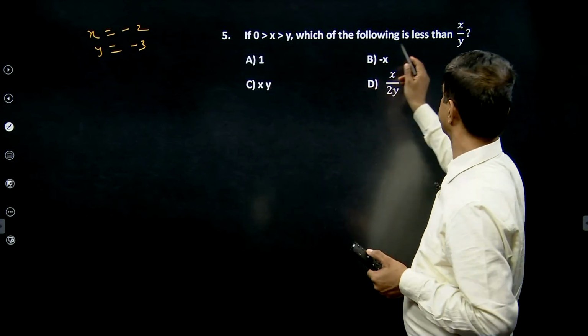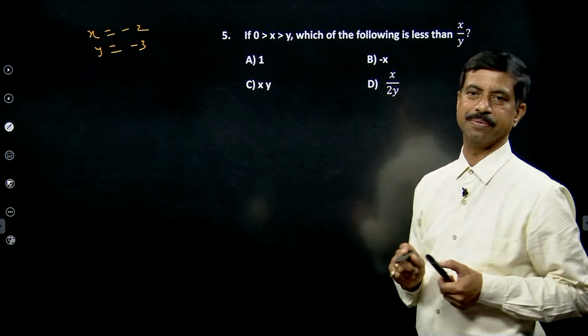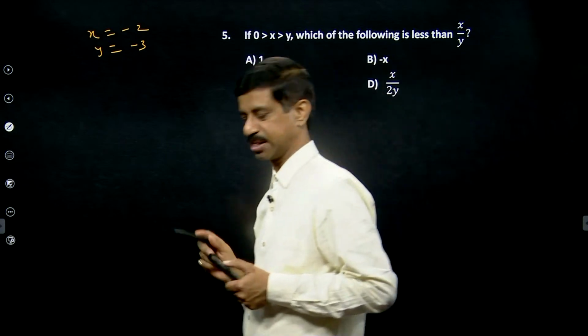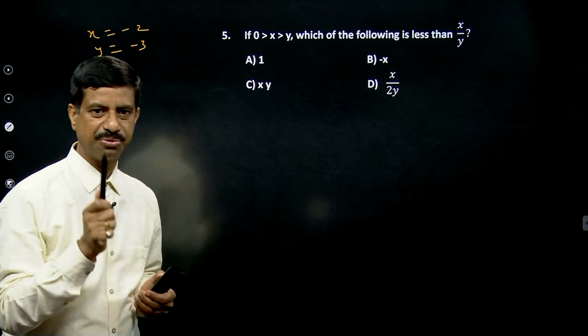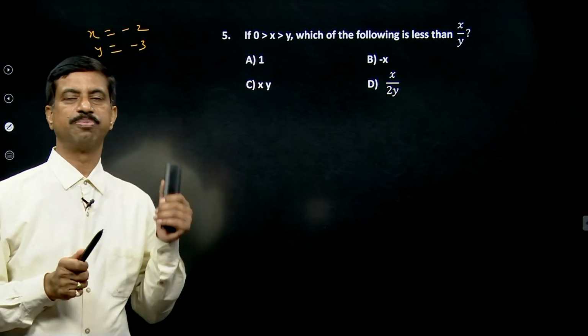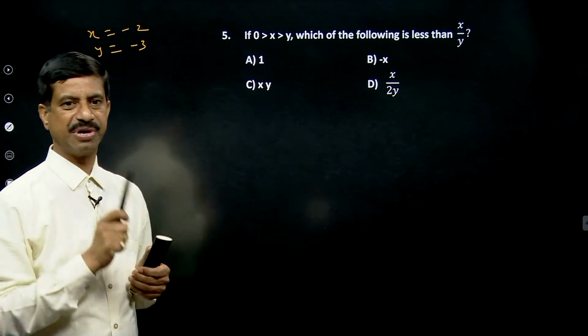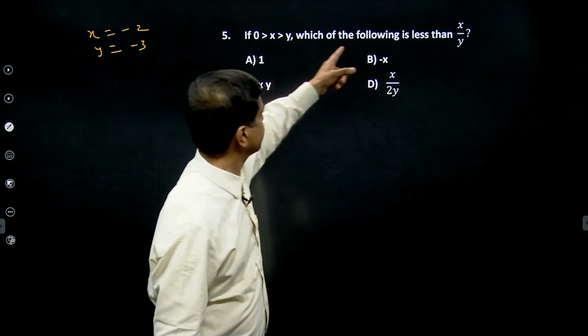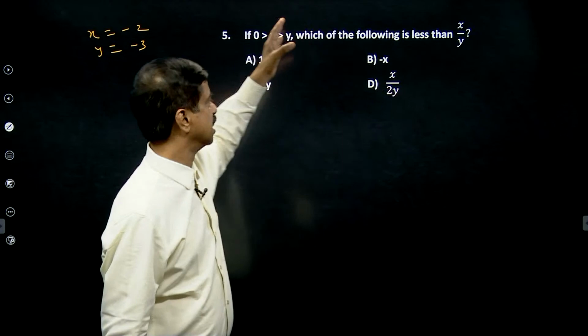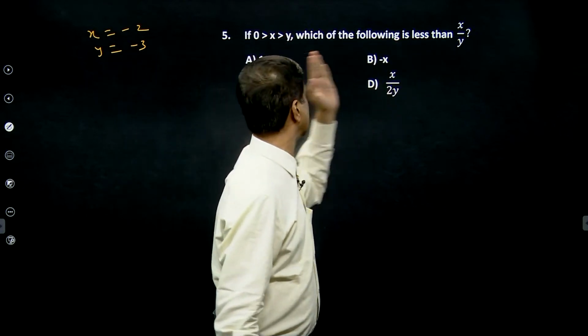So, which of the following is lesser than x by y? Which of the following is lesser than x by y? So, look at that, if x is negative and y is negative, x by y is always positive. But if you take which of the following is less than x by y, means x by y should be greater than these things.